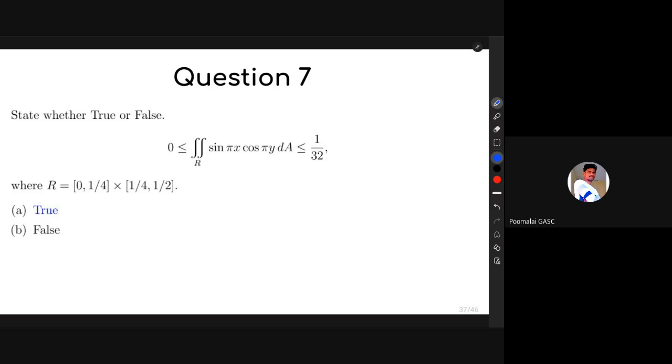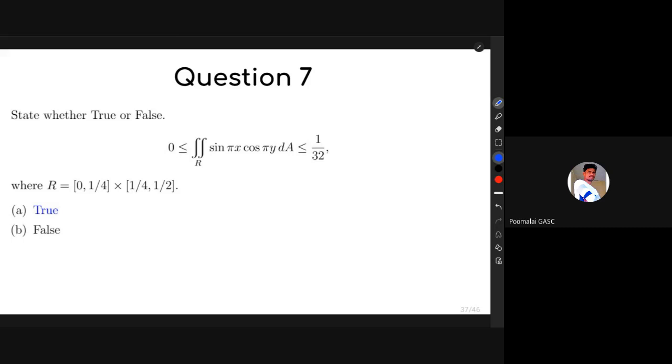As you can see, it is a double integral question, and the region is a given rectangle. I need to find out whether it satisfies the inequality or not. So let me ask you guys, do you have any idea how to solve this question? Or first of all, is this true or false? If it is true, then how do we solve this?